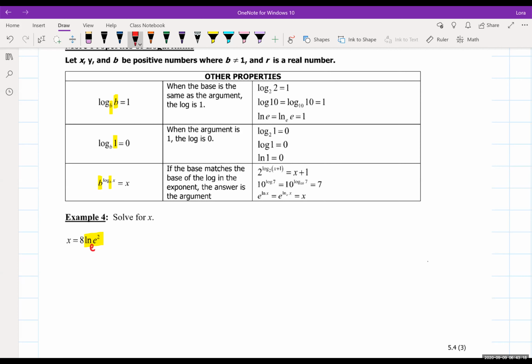Right away, this gives me an idea that we're dealing with property number 1 in a sense, because the base is the same as the argument, which is also e. That's the idea of log base b of b equals 1.